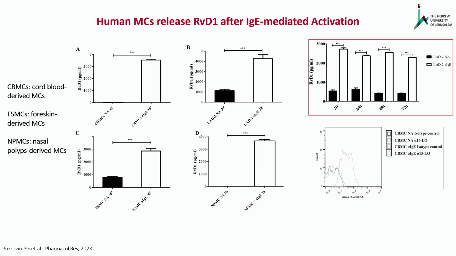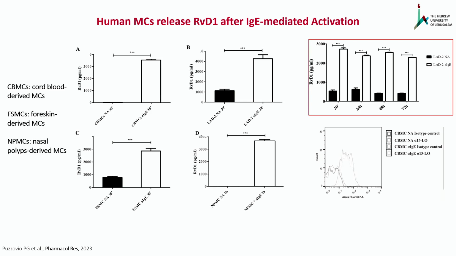So the last slide, I promise, before the last slide, I would like to show the very exciting new findings that we just published in Pharmacological Research. Mast cells, it doesn't matter if they are cord blood derived, foreskin derived, or nasal polyp derived, as soon as they are activated by IgE mechanism, and only by IgE, by the way.